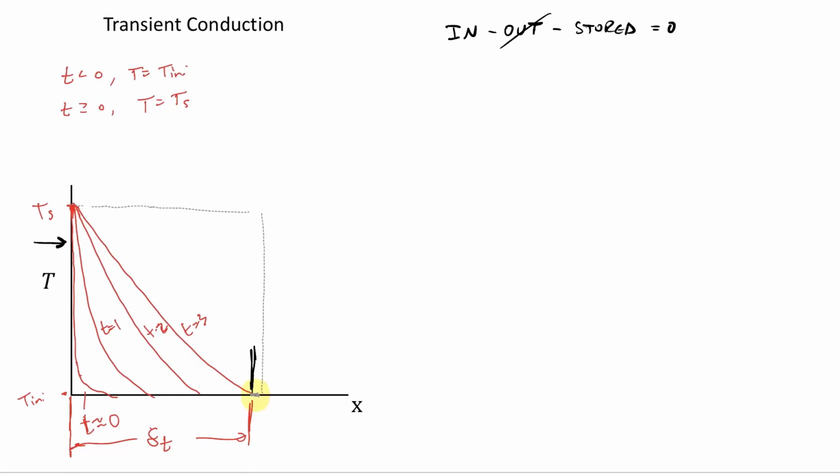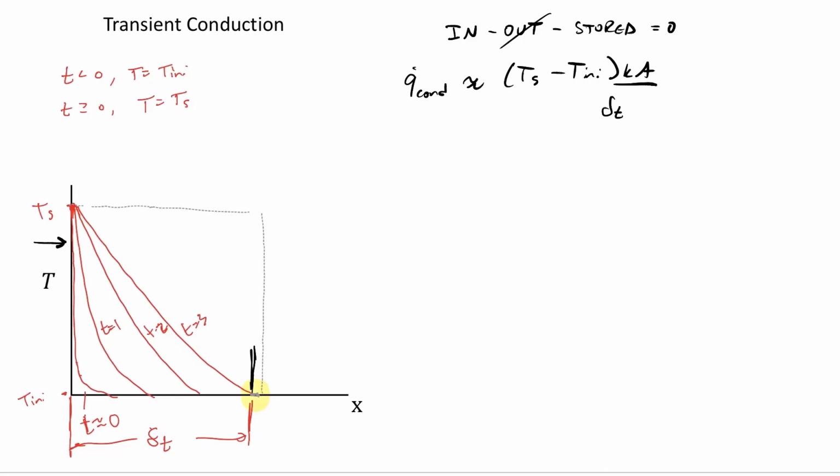So let's come up with terms here. So what do we have? Going in, we have q dot conduction, which is approximately equal to (T surface minus T initial) times k times A over delta T. This is our resistance model. So what are we saying here?